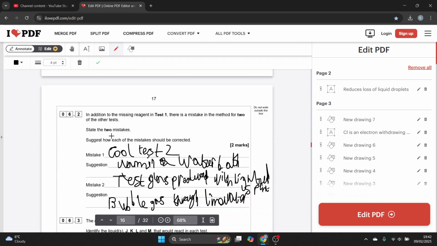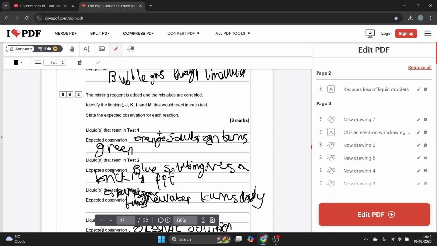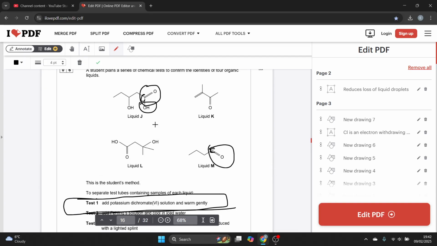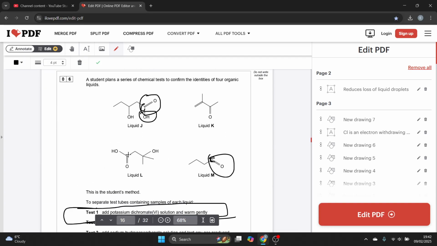So J and M, definitely not going to be K and L, because K is a secondary, tertiary alcohol, so we can't oxidize that. And this one again, we can't do that as well.